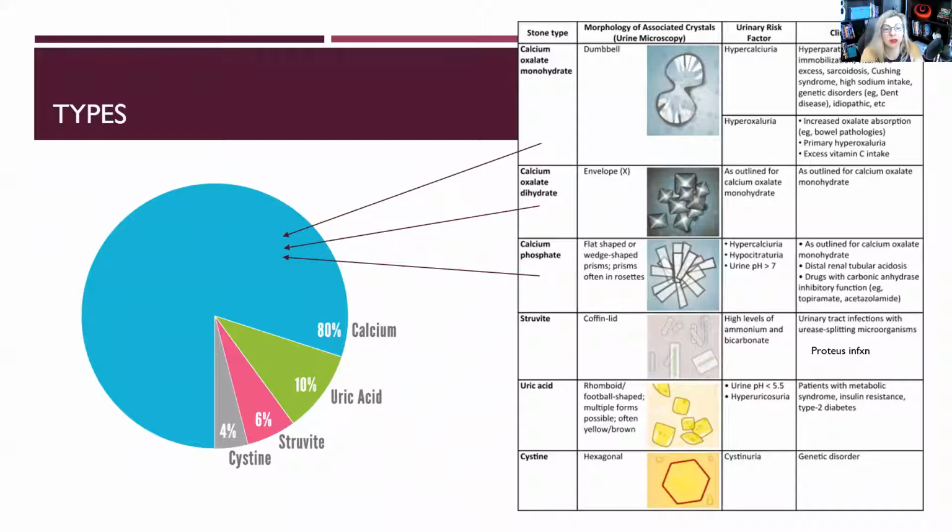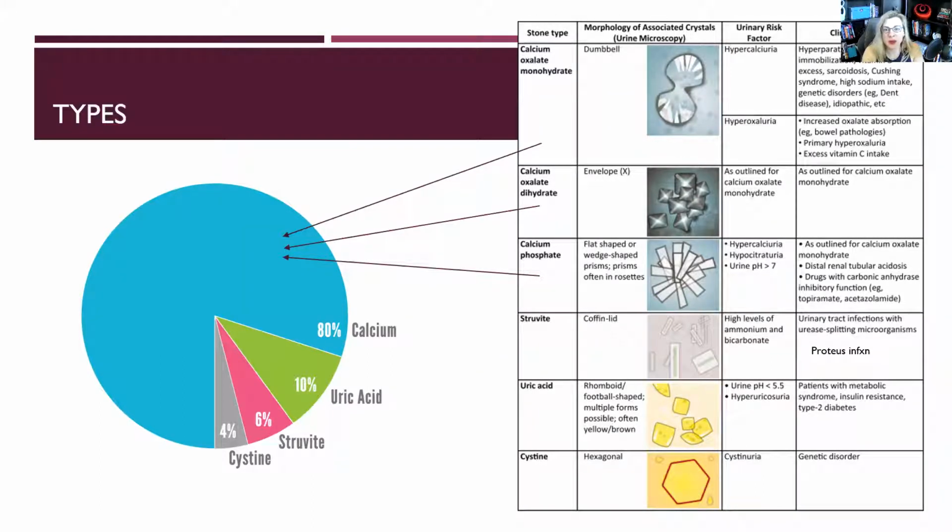Let's first talk about the different kinds of kidney stones. And that's right, there are a lot of different kinds of kidney stones. Almost all of them are related to calcium stones. But when I say calcium stones, I'm actually referring to 3 different kinds of stones as listed here.